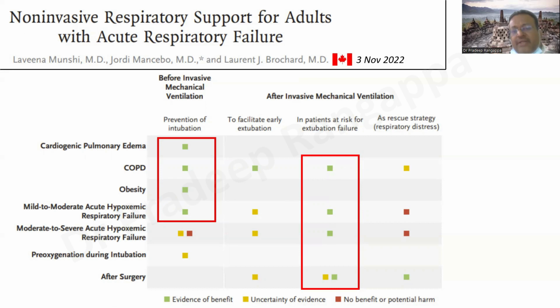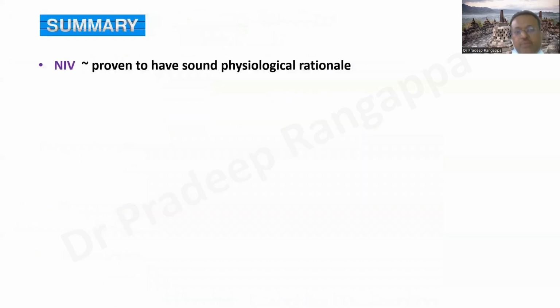So all in all, NIV is the way to go. Even before intubation, give a trial. Post extubation, to prevent failure of extubation, they can be bridged with NIV support and then weaned off later. So the summary is NIV is proven to have sound physiological rationale. When I say sound physiological rationale, it is those multimodal effects.